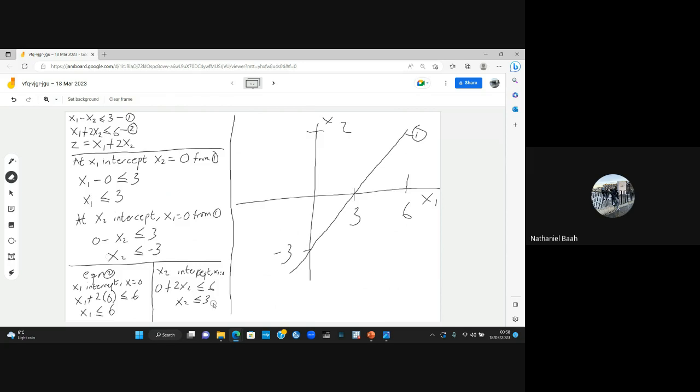Good. So here I'm going to get x2 to be less than or equal to 3. So say this is my 3 here. So now what I will do again is to draw a straight line to pass through these points and say this is my equation 2. That is x1 plus 2x2 less than or equal to 6.